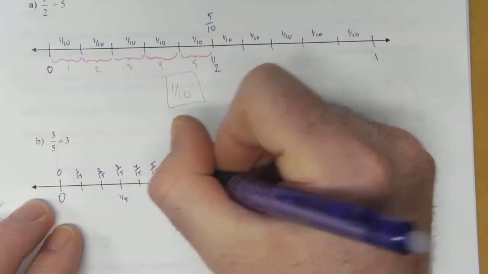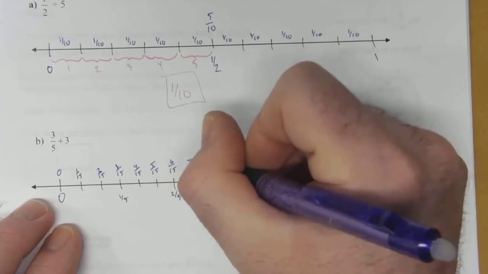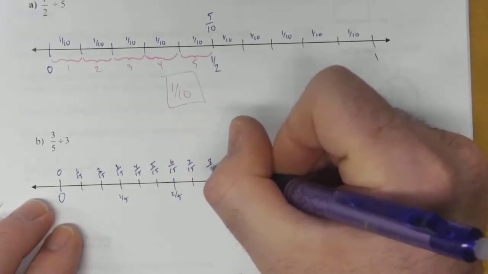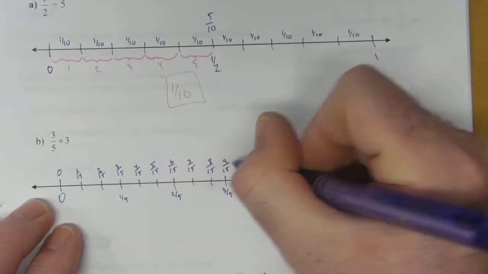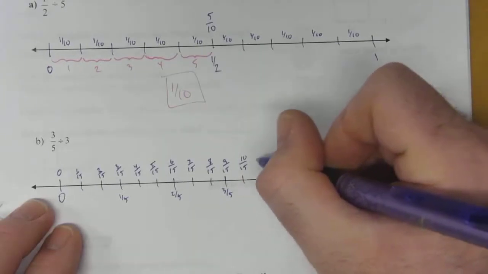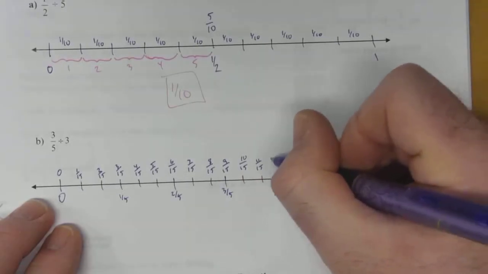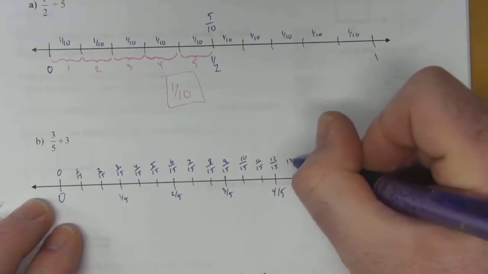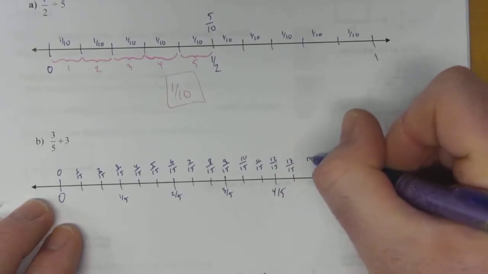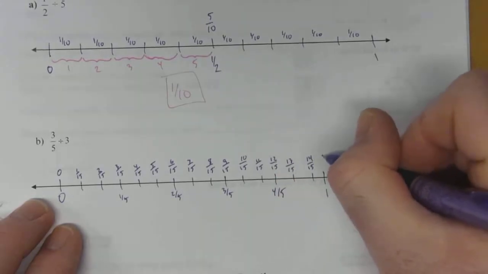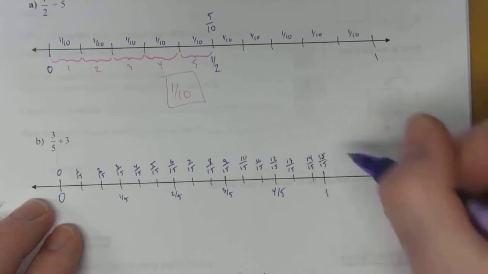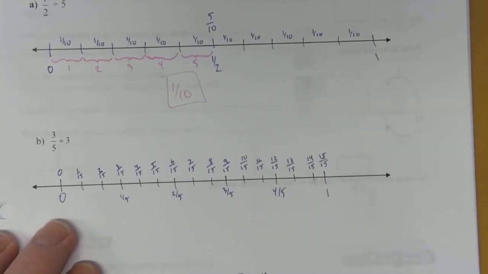This is 5/15, 6/15, etc. Alright, so now I've got it labeled in 15ths.